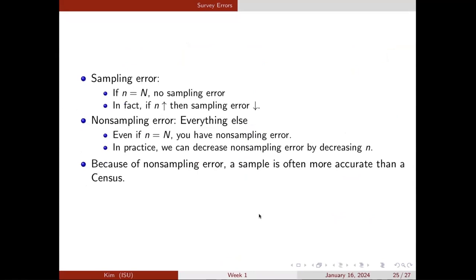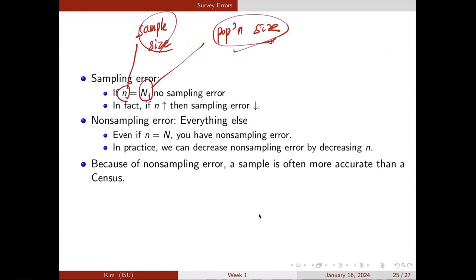So lowercase n is the sample size. Capital N is the population size. If I select them all, every element in the population into the sample, then of course, there's no sampling error.